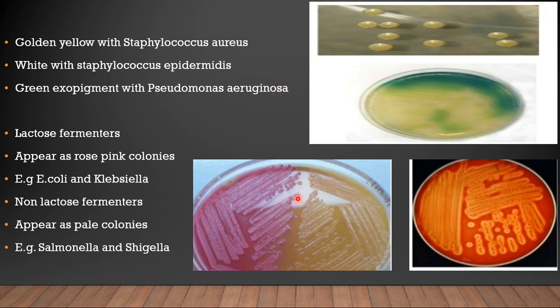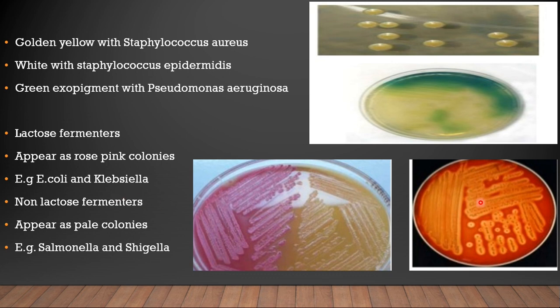Then here, if you come to MacConkey, you are going to have the lactose fermenting and the non-lactose fermenting bacteria. The lactose fermenting appear in rose pink color and the non-lactose fermenting are colorless. Examples of non-lactose fermenters are Salmonella and Shigella, whereas the color-giving ones are E. coli and Klebsiella.